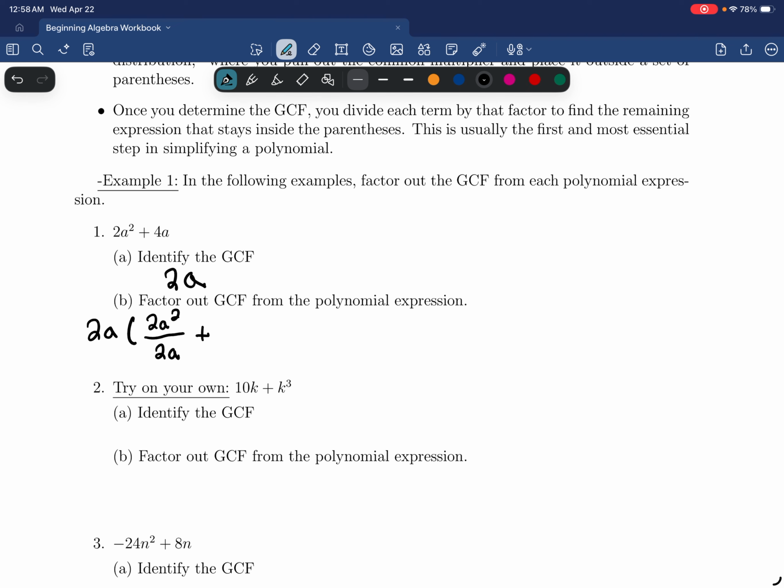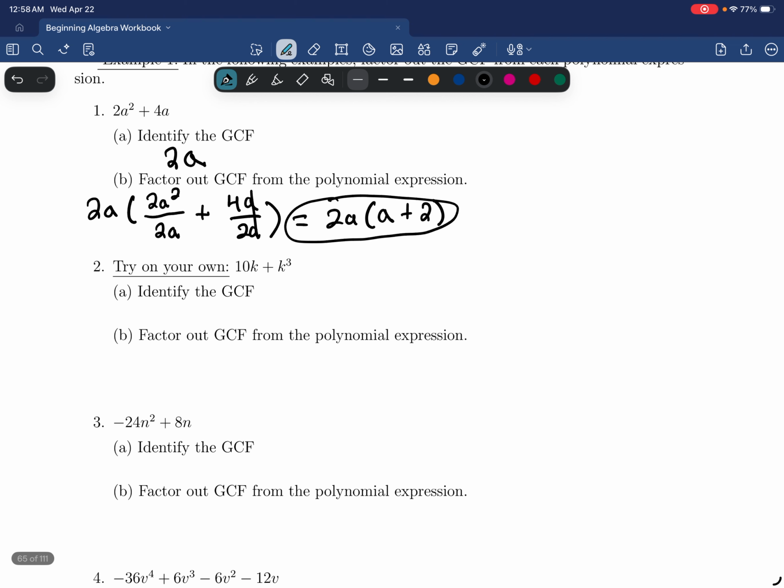Then we bring that addition sign down, and add 4a divided by 2a. When we do that, we get 2a times 2a squared divided by 2a, which becomes just a. Then 4a divided by 2a: the a's cancel, and 4 divided by 2 is 2, so we get a plus 2. And that's your final answer.